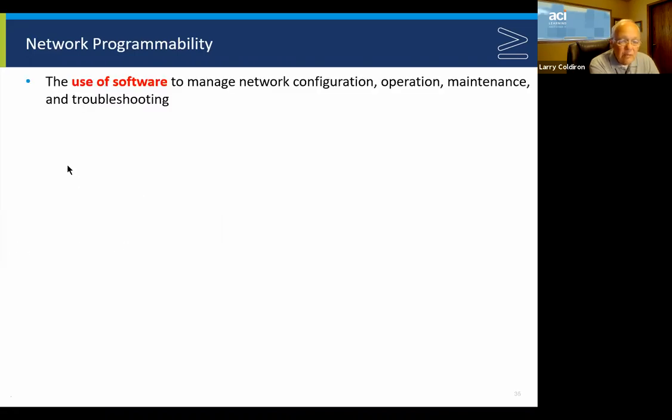Network programmability, the use of software and a network configuration to maintain these things. The APIC EM, and there is a video of the APIC EM, the one I couldn't think of yesterday, the Application Programming Infrastructure Controller Enterprise Module. That is kind of interesting viewing.